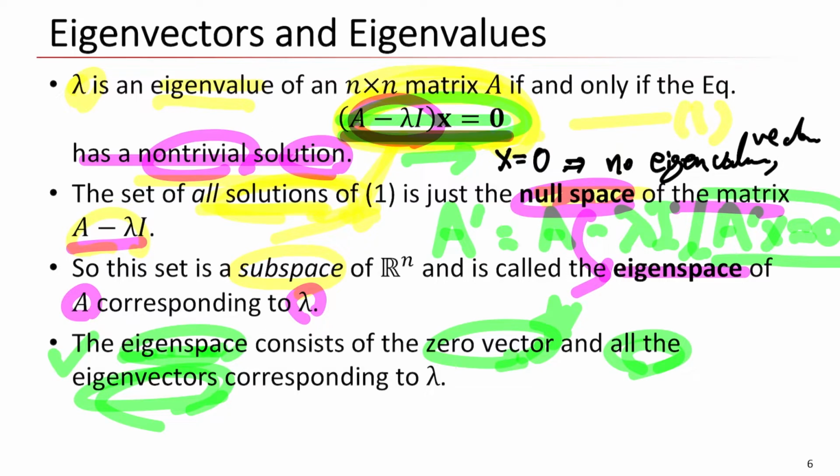This whole solution set is a subspace, and it is called the eigenspace. In other words, the eigenspace means the set of possible solutions of this equation.